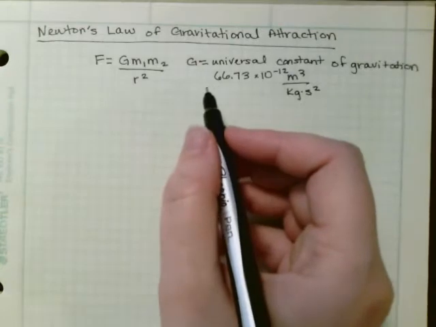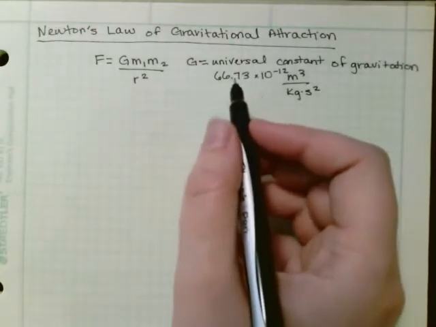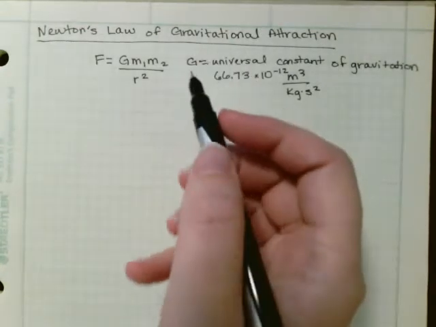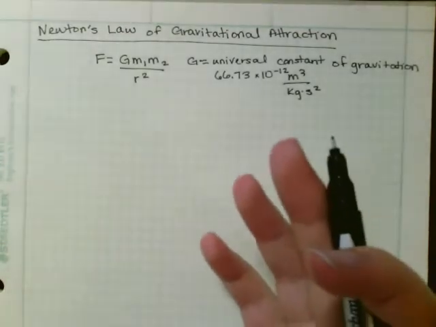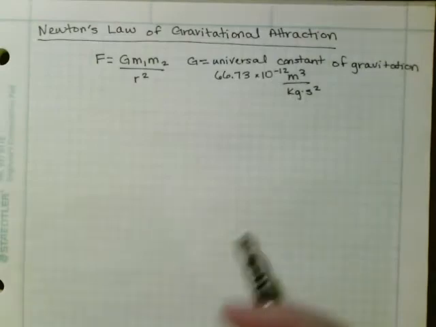So as you can see, this is a really tiny number. So M1 and M2, or at least one of those masses, has to be really large for there to be any effect.